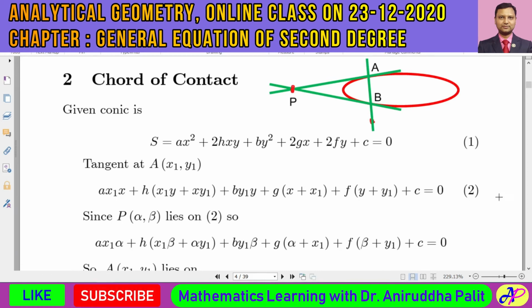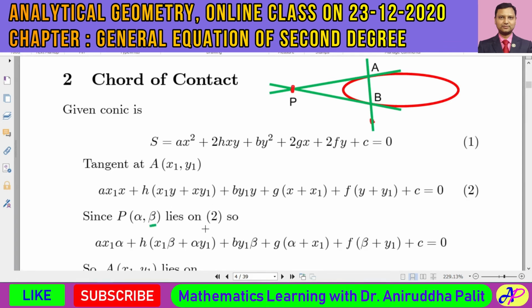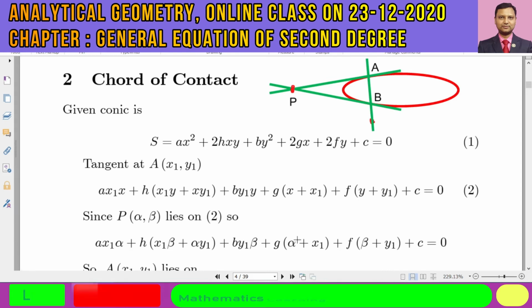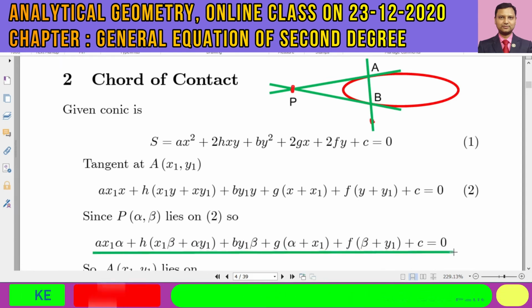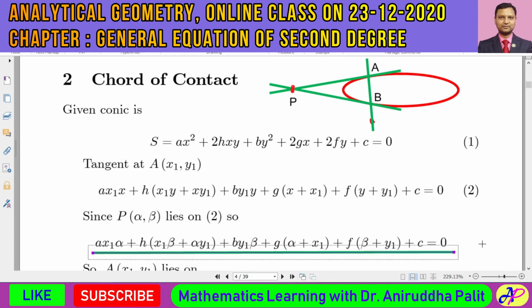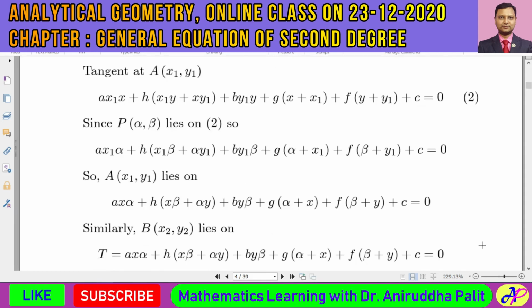By putting x is equal to alpha and y is equal to beta in equation number 2, we obtain this kind of result.